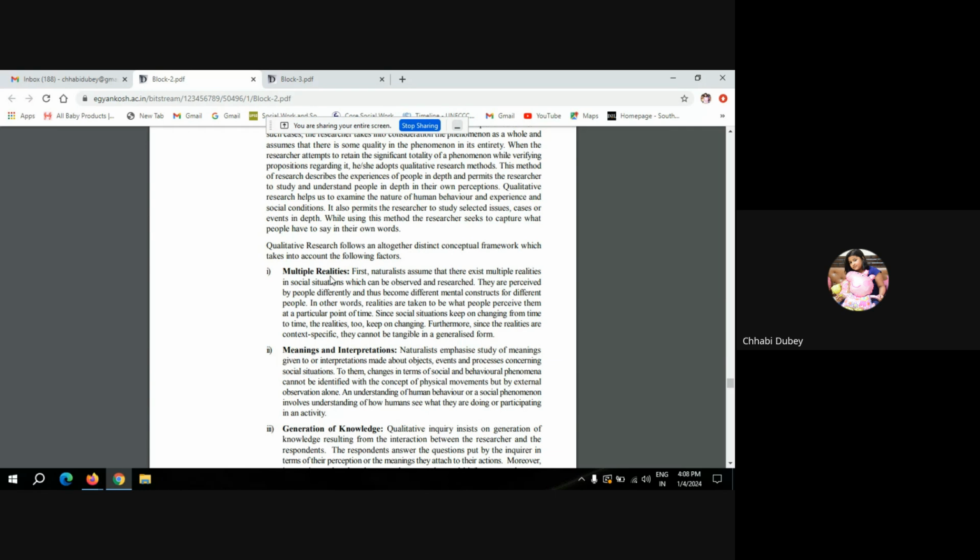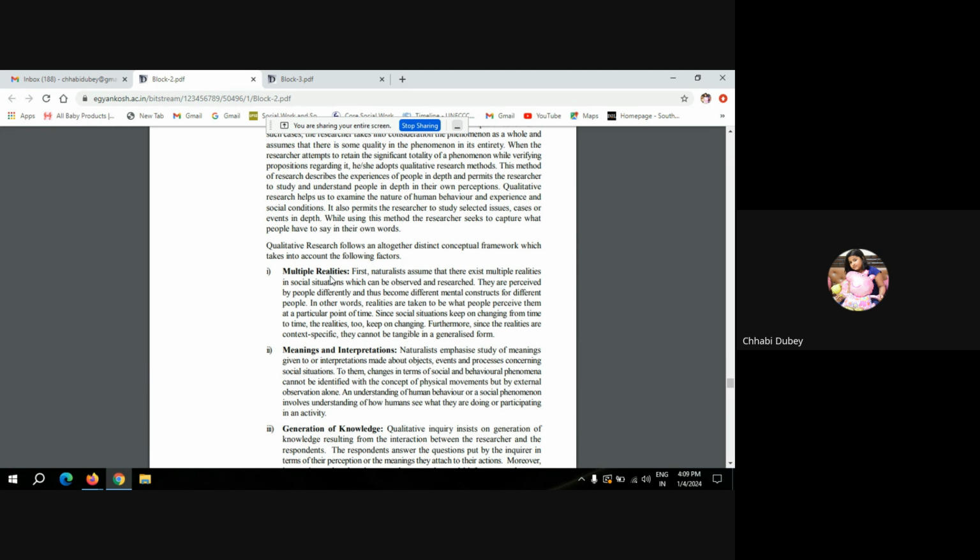The second one is the meanings and interpretation that we take into account. Generally, when we are studying things in their natural setting, we have to emphasize the study of meanings given to, or interpretations made about, certain objects, events, or processes concerning social situations. Now, these again will depend upon the culture.